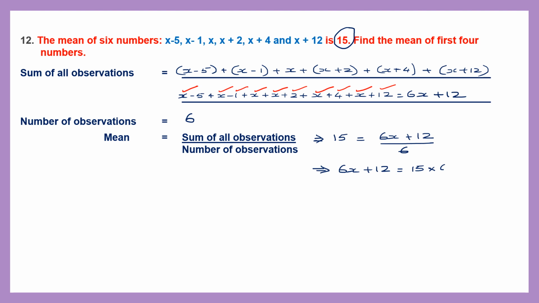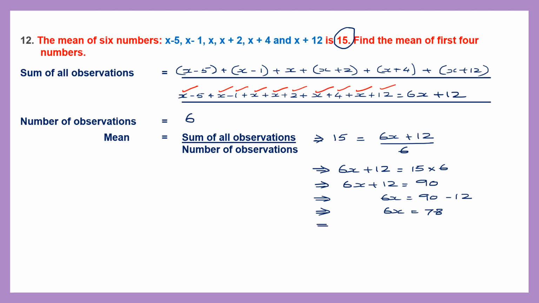So 6x plus 12 is equal to 90. Now we can find the value of 6x. That will be 90 minus 12 because we've moved plus 12 to the other side. So now 6x is equal to 78.